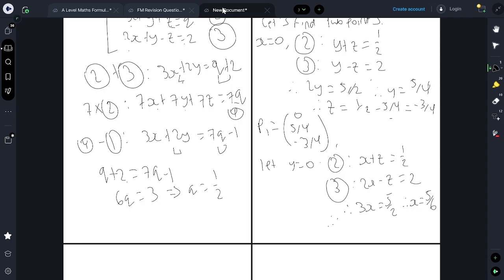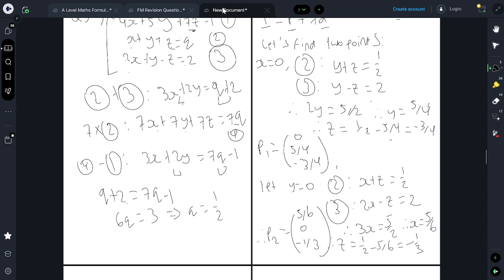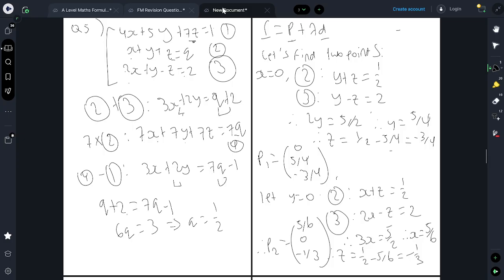And then therefore z would be half minus x. Half minus 5 over 6 would be minus a third. So therefore P2 would be, well, x is 5 over 6, y was 0, and z is minus a third.